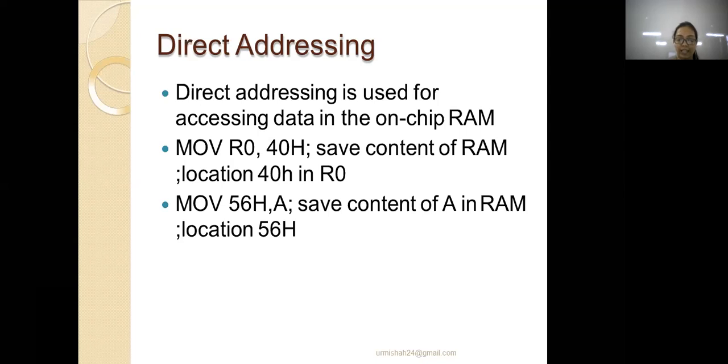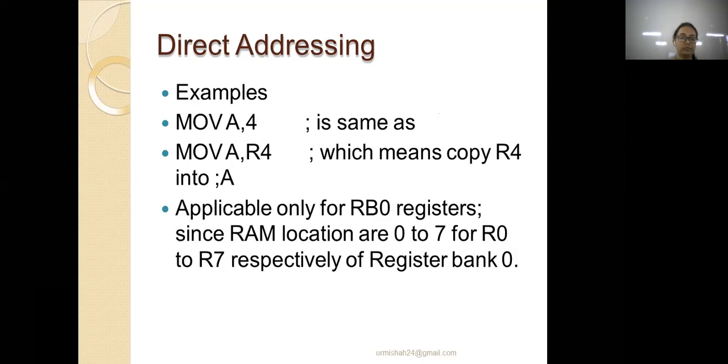Whenever we are directly transferring data from some memory location or to some memory location, then it is called direct addressing mode. Few more examples are given here in terms of the move instruction.